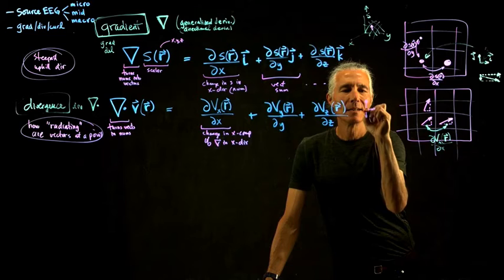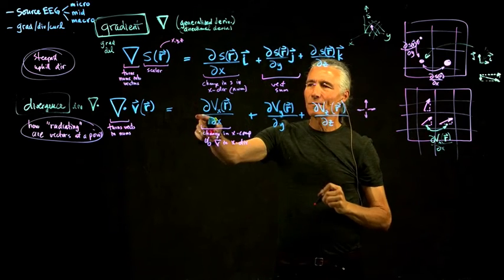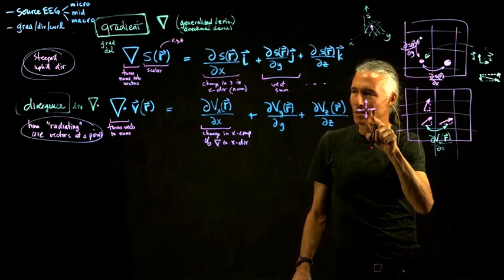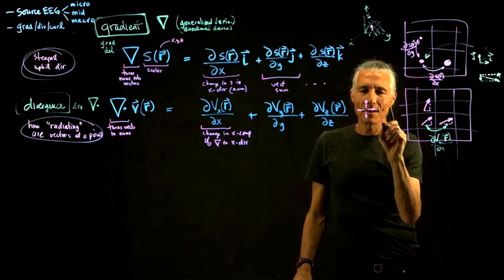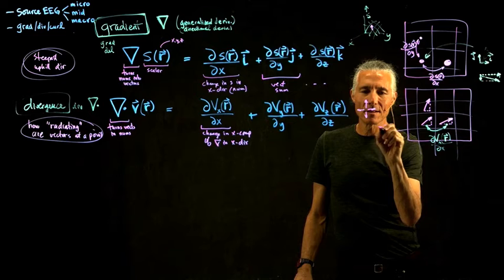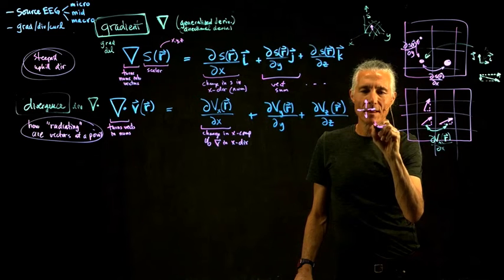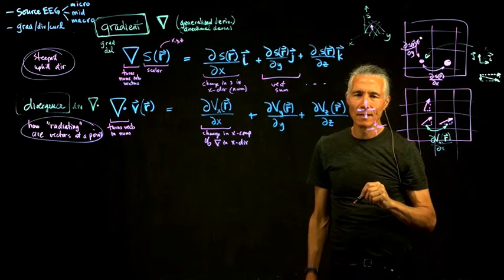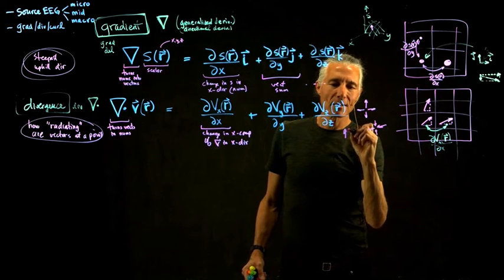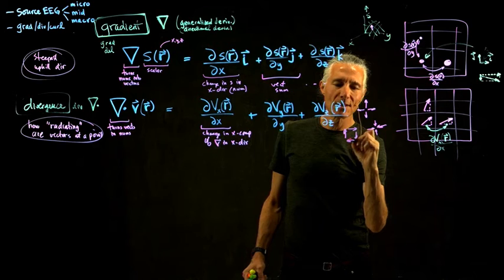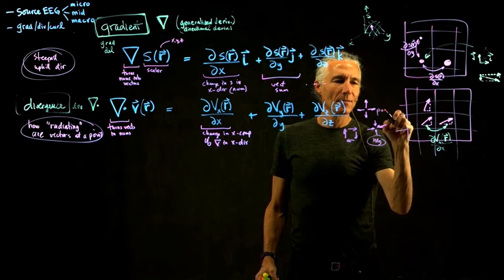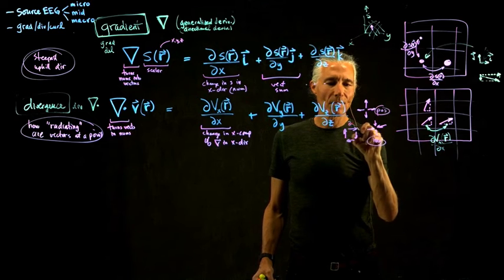So if you've got something that looks like this, that has a big divergence. If you run this calculation on something that looks like that, that will have a big divergence. If you have something that looks like this, where they're sort of going in, that will have a negative divergence. And if you have something that looks like it's going around in a circle, that will have a 0. So this is positive, this is negative, this is 0.